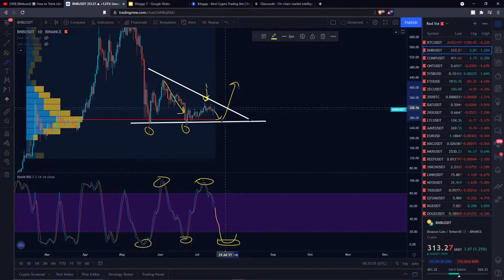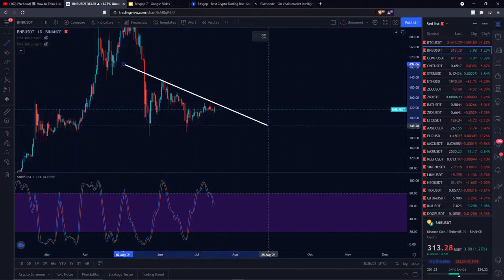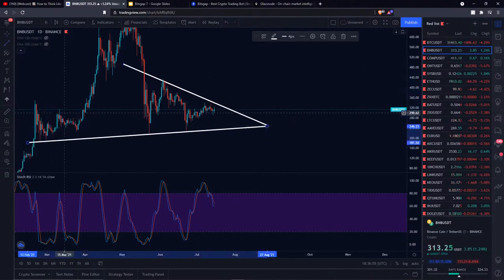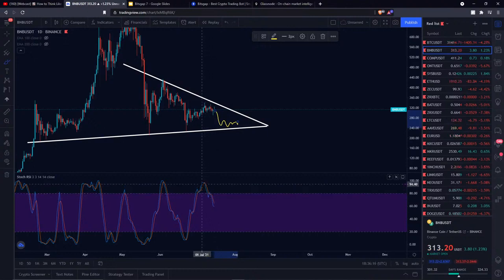I would rather wait for the price to reach somewhere close to the support line here, and then I would see the RSI trading over that zone.